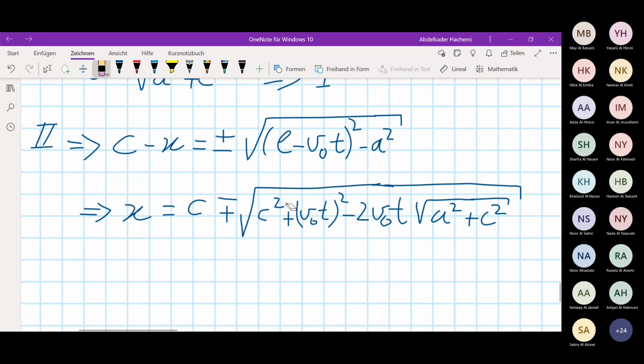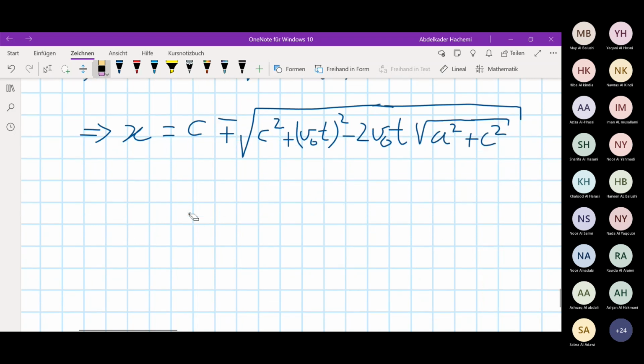In this case, we introduce the initial condition to know which one is valid. We can replace the values, and after this we decide: if it's negative, we neglect it; if it's positive, it's the right value.